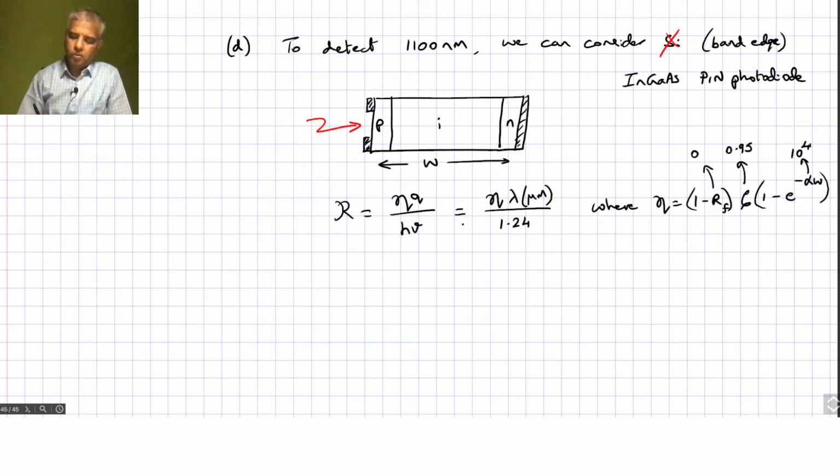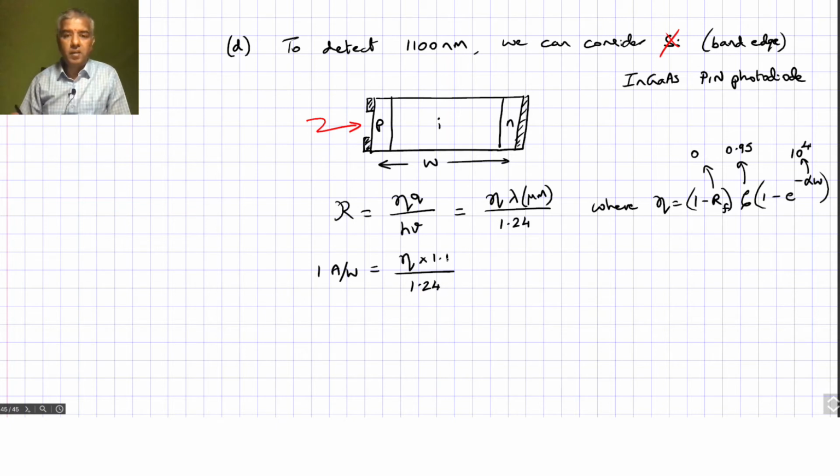Okay, so if you try to do that, and if you actually try to get 1 ampere per watt responsivity, right? So eta multiplied by 1.1 divided by 1.24. If you do the math over here, you will find that eta is actually 1.24 divided by 1.1, which is a value greater than 1.